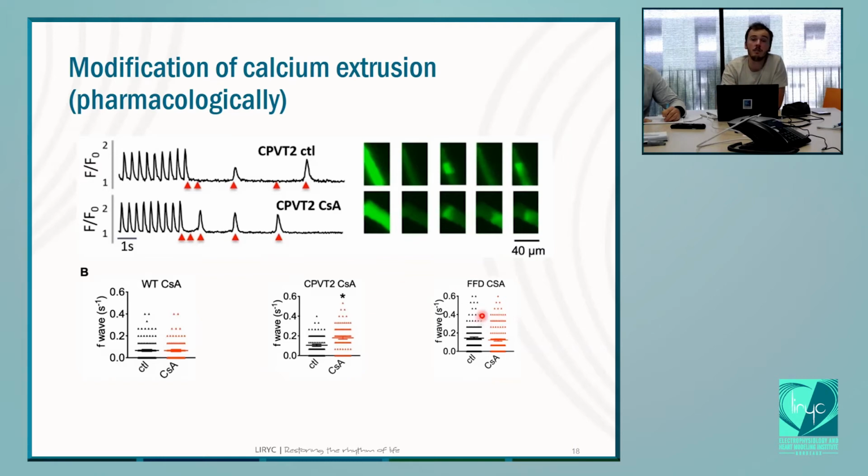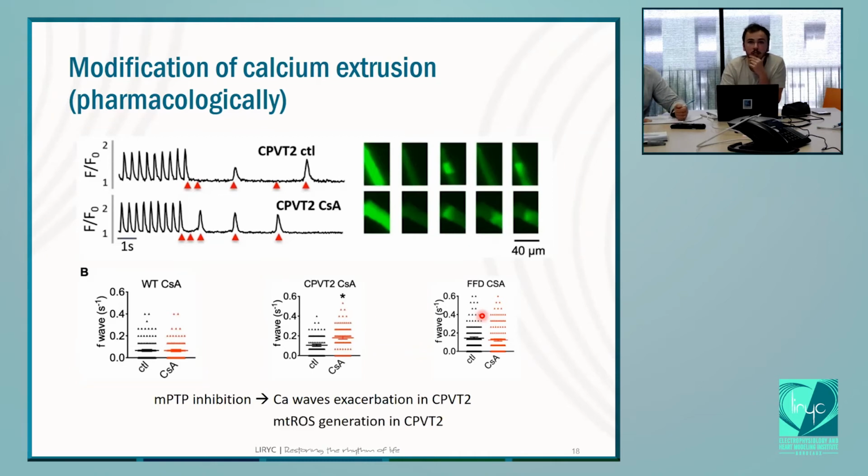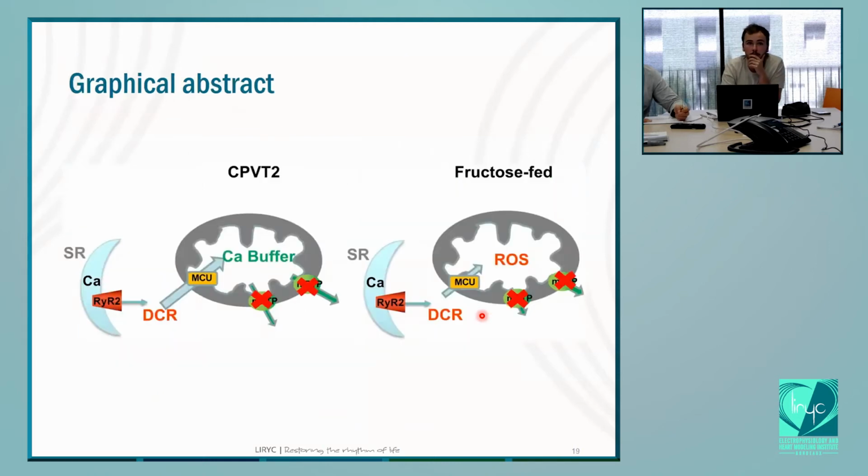And in FFD mice, this will not do anything. So yes, we have a calcium wave exacerbation in CPVT2, and also a mitochondrial ROS generation in CPVT2.